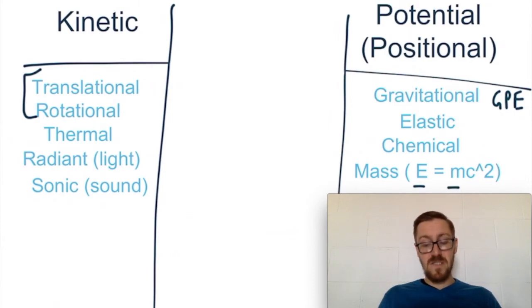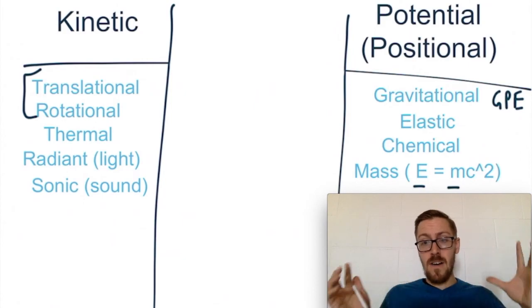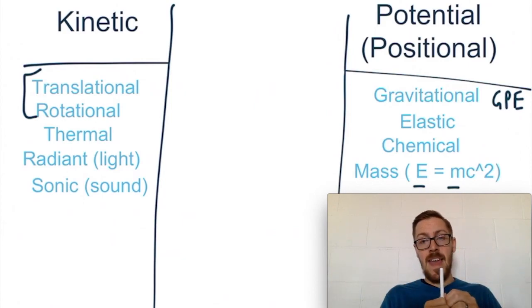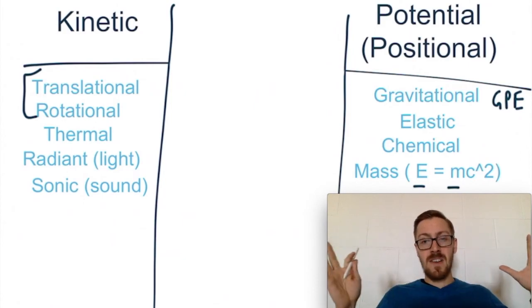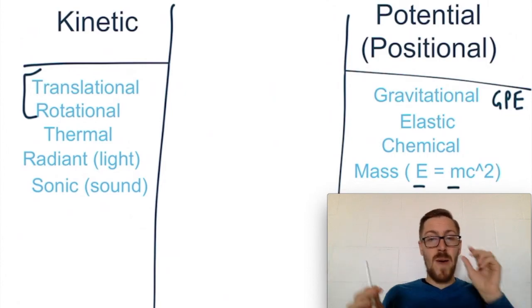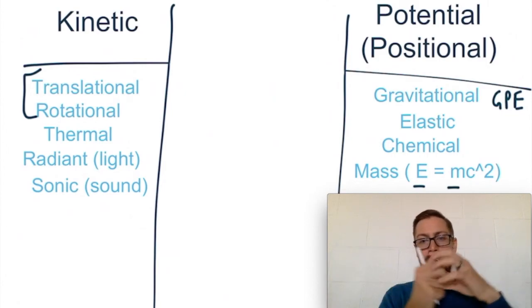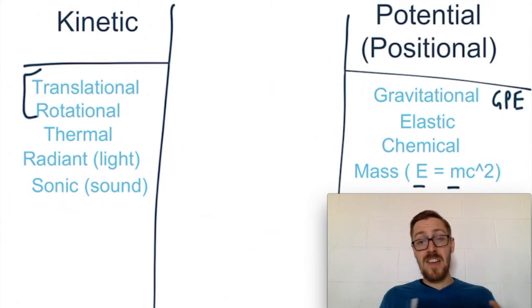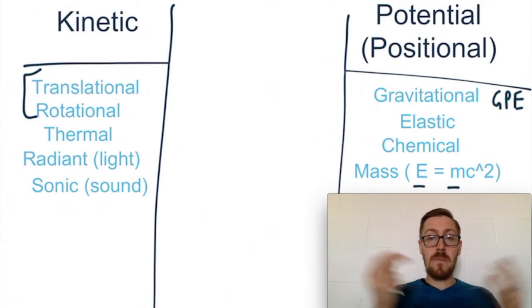But this basically just means energy can be mass. Wild, right? So in a nuclear bomb, when that nuclear bomb detonates or goes off, the parts that are left after the bomb actually weigh a little bit less. If you could get them all back together into one spot, their mass would actually be less than they were before the bomb went off.